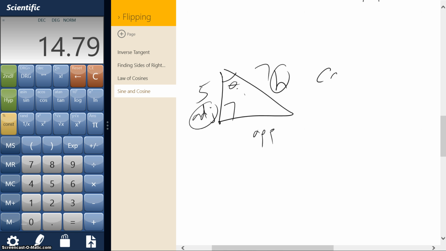So my cosine of theta is going to equal adjacent, which we said is 5, over hypotenuse, which is 7. And we can do inverse cosine of both sides.